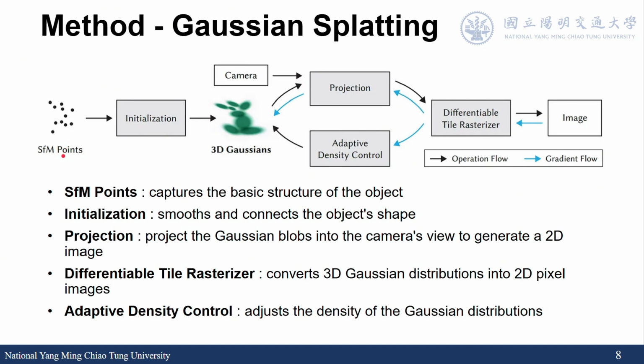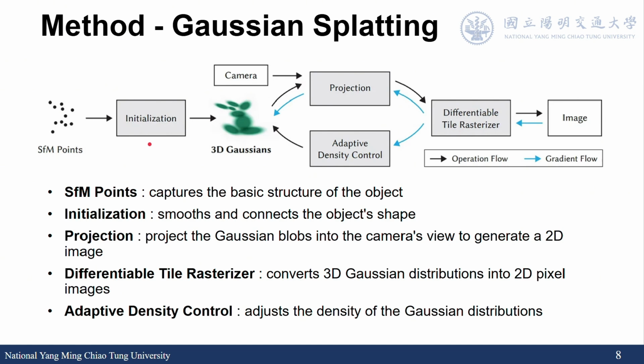3D Gaussian splatting begins with a structure from motion process, where corresponding feature points are extracted from multiple 2D photos to estimate an initial 3D point cloud and the positions of the cameras. Based on this point cloud, the initialization stage calculates the parameters of the 3D Gaussian distributions, including position, shape, color, and transparency.